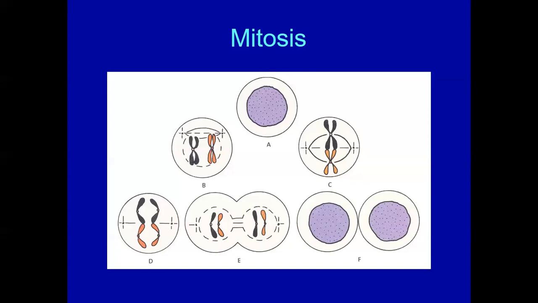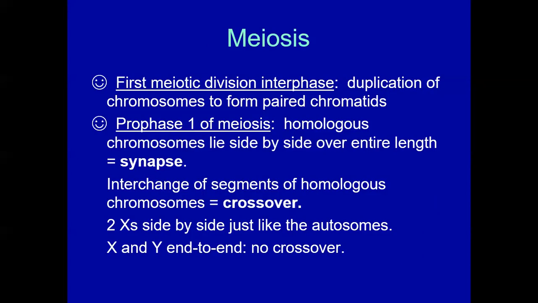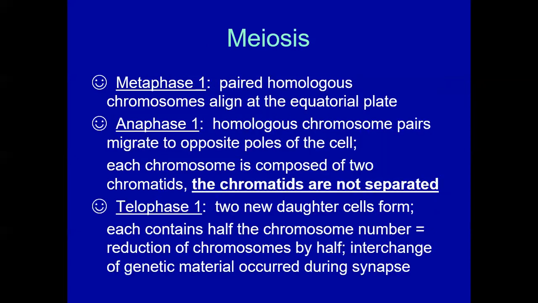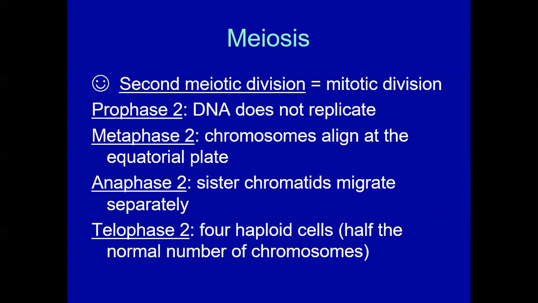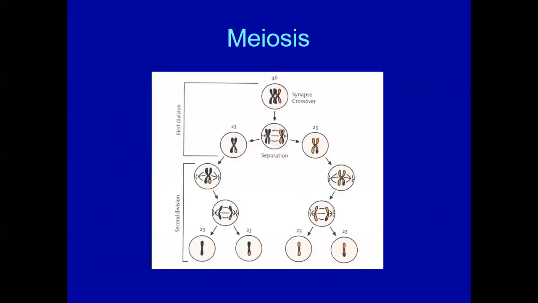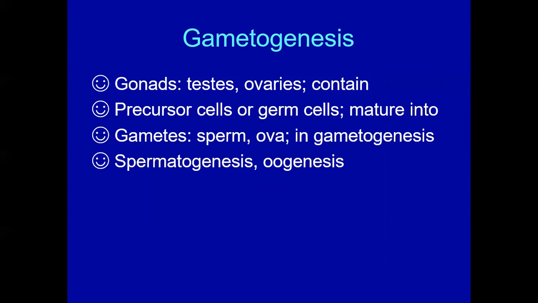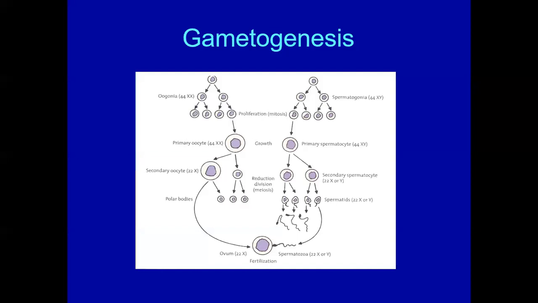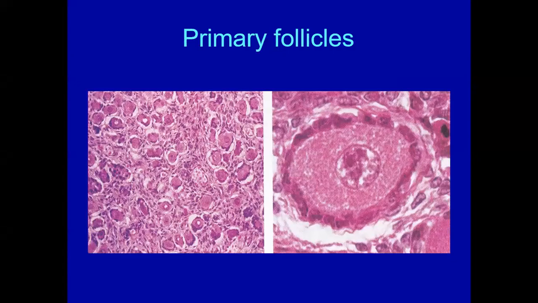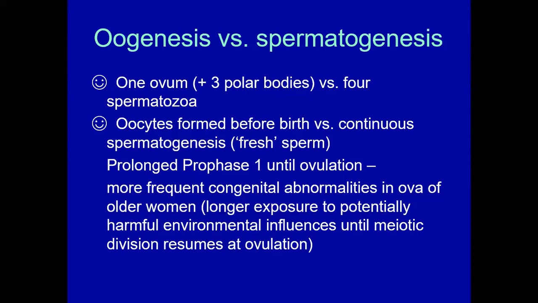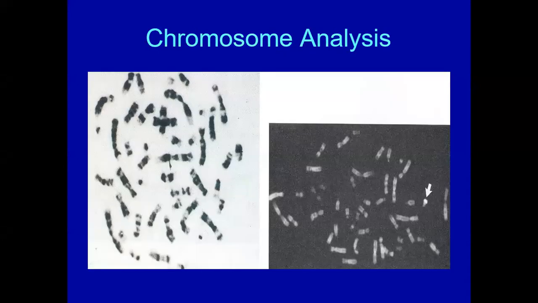These are the different stages of cell division, and the first cell division is mitotic. Then there is meiosis, and this is the process of gametogenesis, which was already discussed in embryology. This is a primary follicle. This is oogenesis versus spermatogenesis. It is a normal phenomenon.